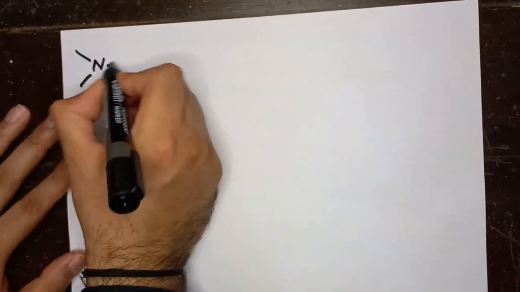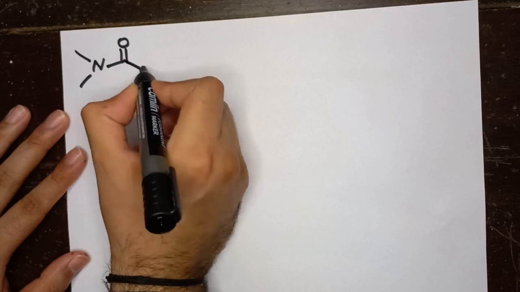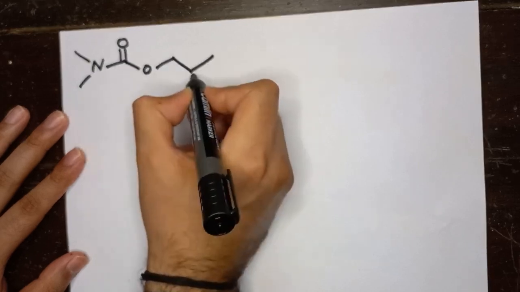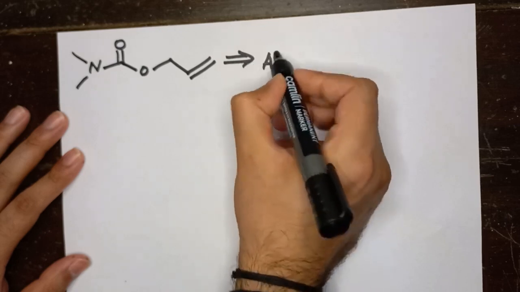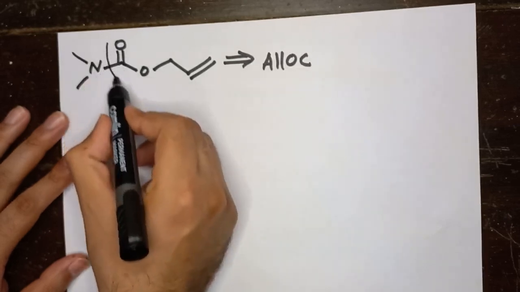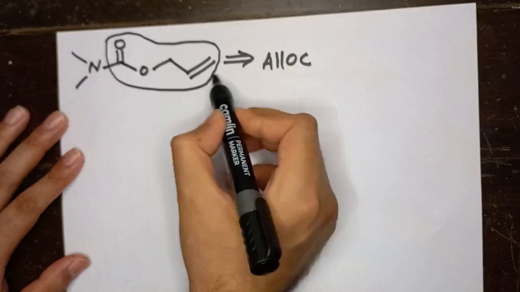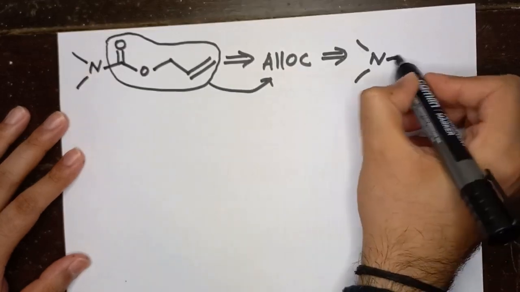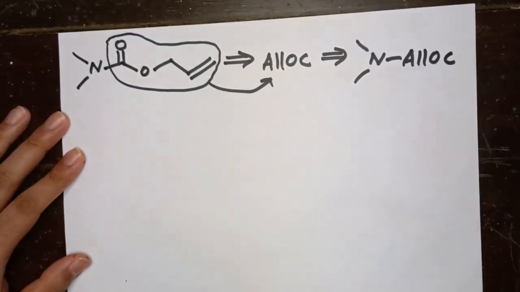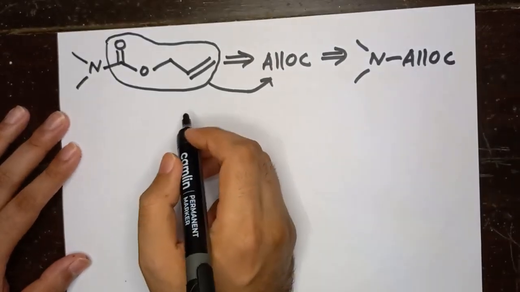Okay, now suppose that the R group this time is this group. So this is what we call the Alloc protection. This group represents Alloc, and this can be represented as N-Alloc. Okay.